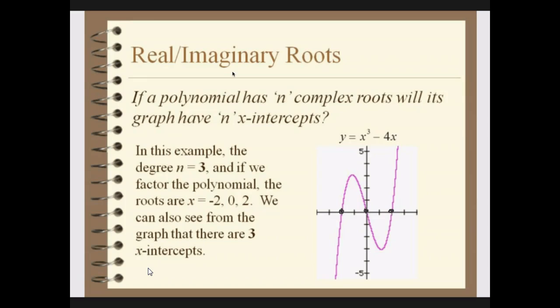So in this example, the degree is 3. If you factored that polynomial, you'd get the roots -2, 0, and 2. If you were to factor it, hopefully you would immediately recognize the x GCF, turning it into a difference of squares, and that's where you would get x, x plus 2, x minus 2.